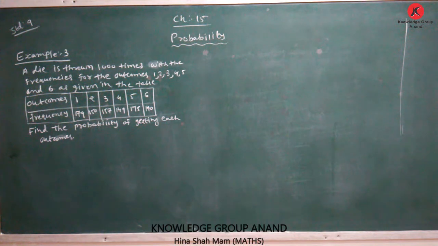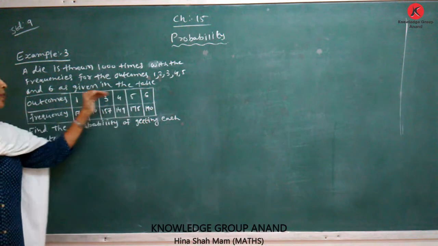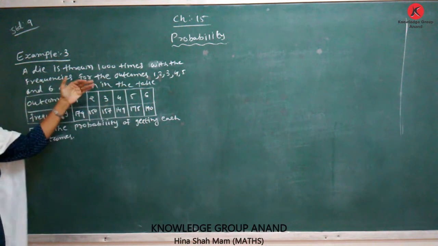Example number 3. A dice is thrown 1000 times with the frequencies for the outcomes 1, 2, 3, 4, 5 and 6 as given in the table.